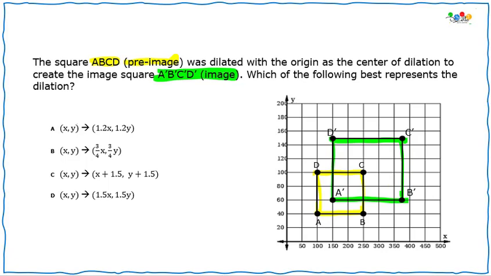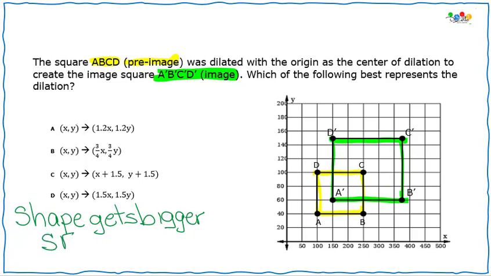So we're going to write it down over here. If the shape or figure gets bigger, what does that mean? It means that the scale factor needs to be greater than 1. Very good.